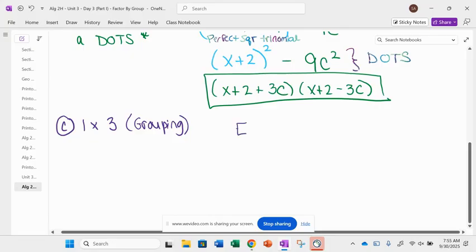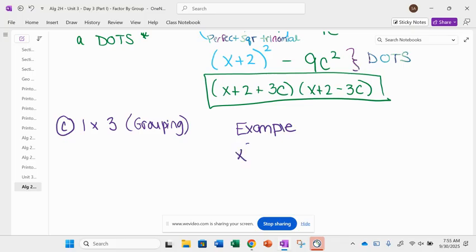Okay, so an example of this would be, okay, so the 1 by 3 grouping is very similar to the 3 by 1.